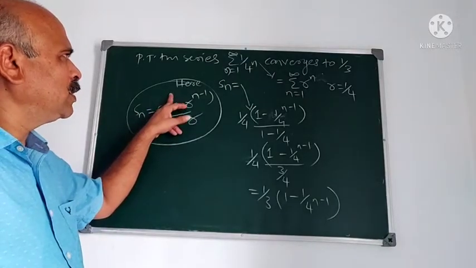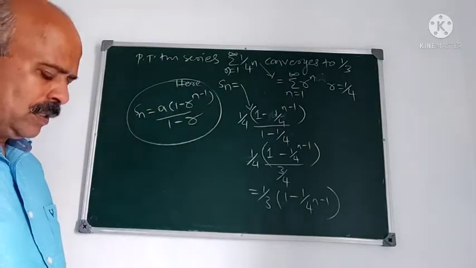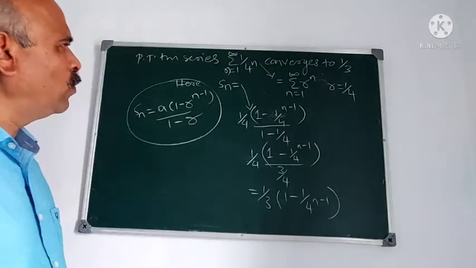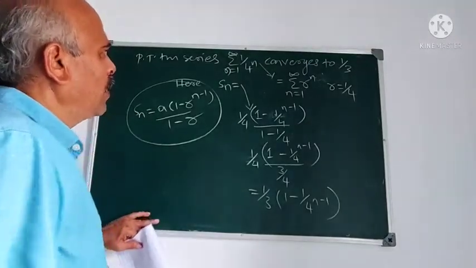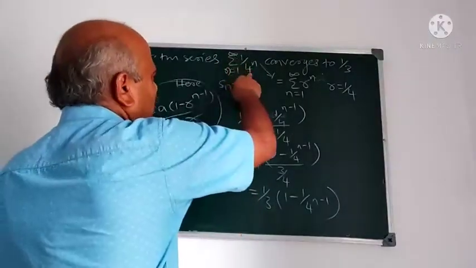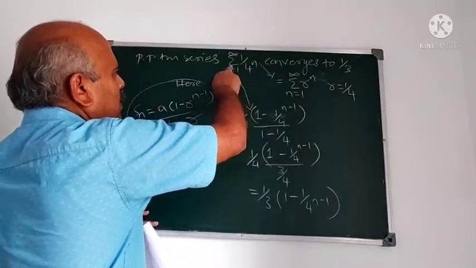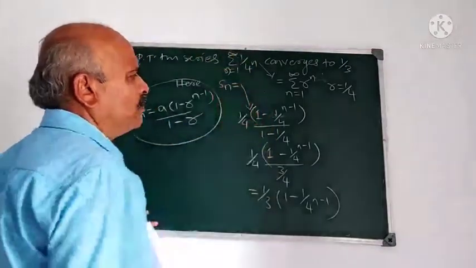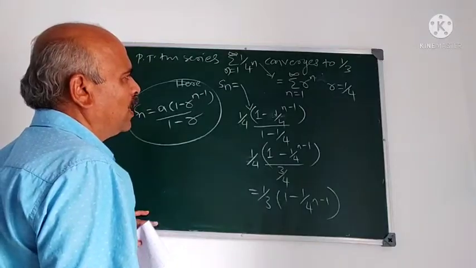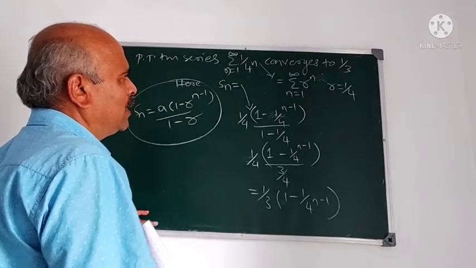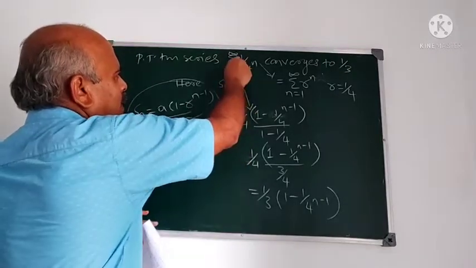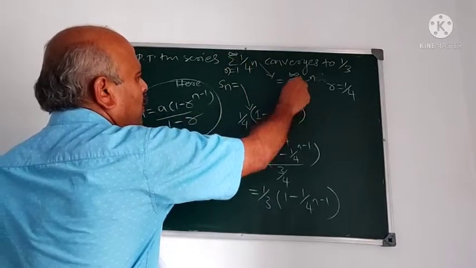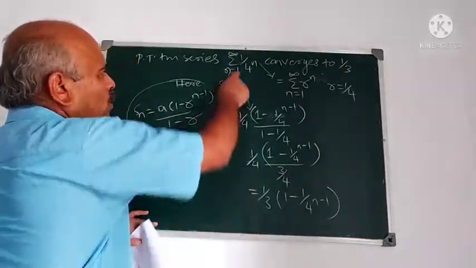Sum to n terms: sigma 1 upon 4 raised to n always runs from 1 to infinity, n starting from 1. If you take 1 to infinity, the first term is 1 upon 4.